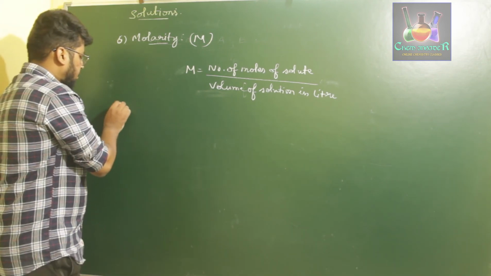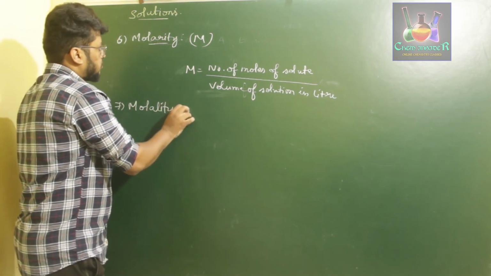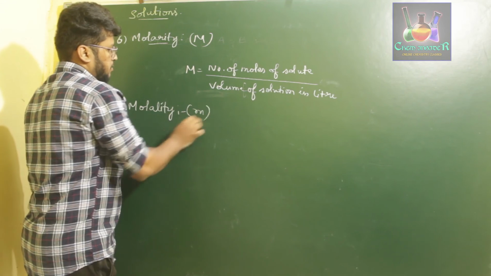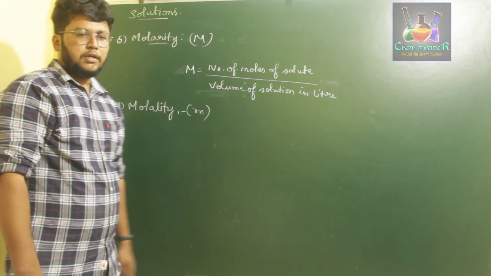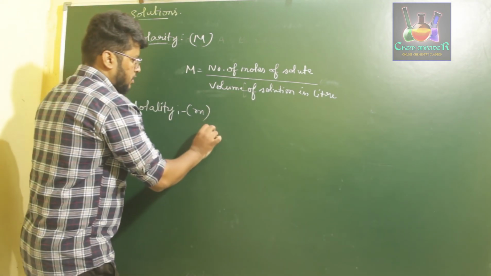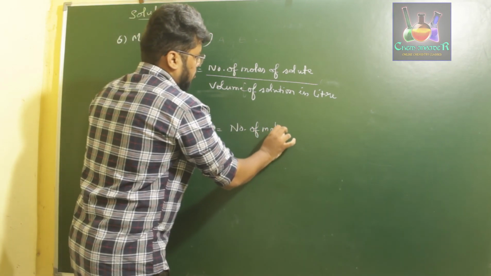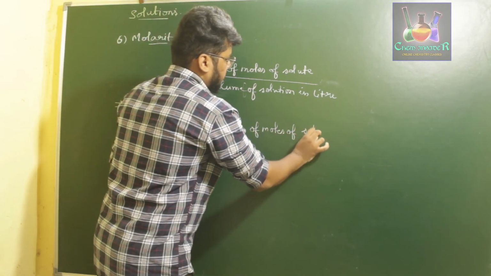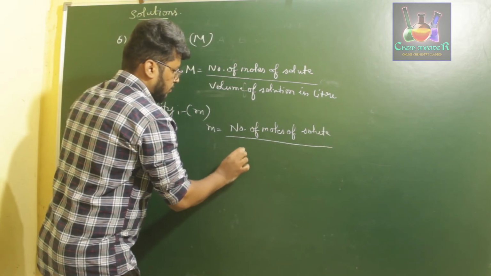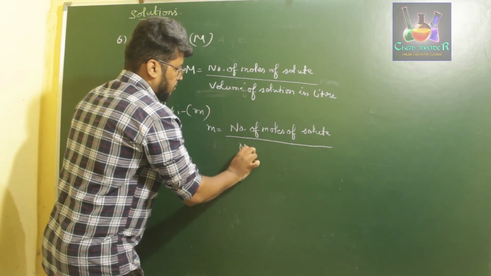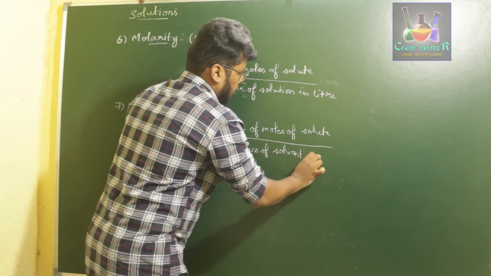Similarly, for molality, denoted by small m, instead of taking volume of solution, in molarity we consider volume of the solution in liter. In molality, denoted by small m, it is number of moles of solute in mass of solvent in kilograms.